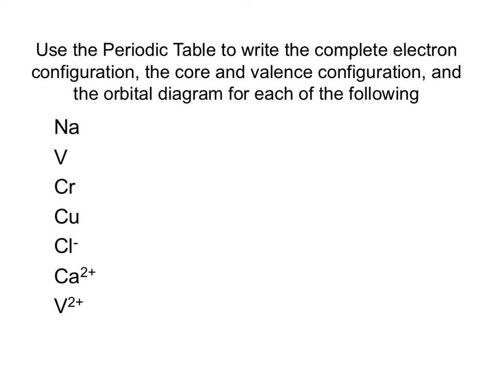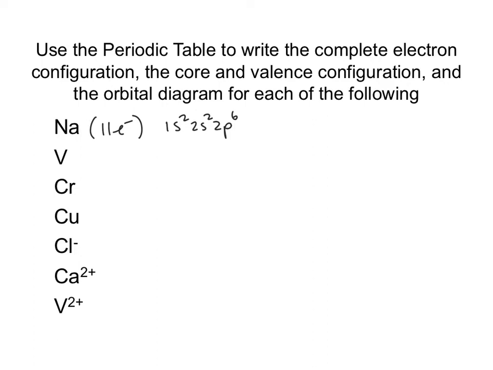Let's go back to aluminum. So the first one we want to look at is sodium. And sodium, you go back to the periodic table. So sodium has 11 electrons, and you just want to fill them into the electron configuration. 1s2, 2s2, 2p6. And you're counting here: 2 plus 2 plus 6, that's 10.